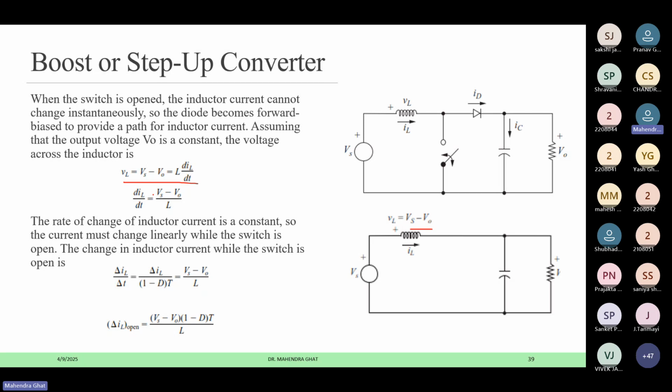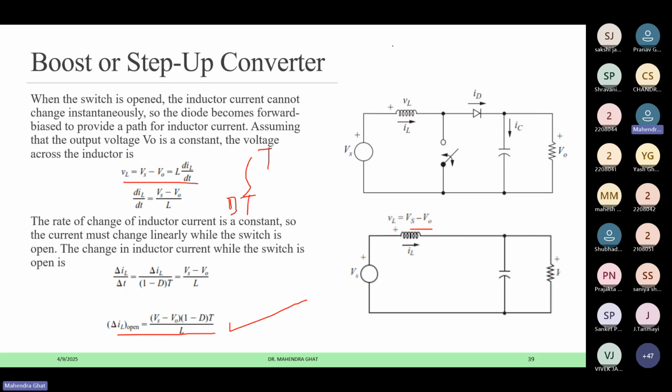Same thing we will do: dIL by dt, taking the L on this side and integrating it, and the integration will be from dt to total T, because this is the off time, from dt to T. If I put that value and solve it, I will get Vs minus Vo into (1 minus d) into T by L as delta IL open.